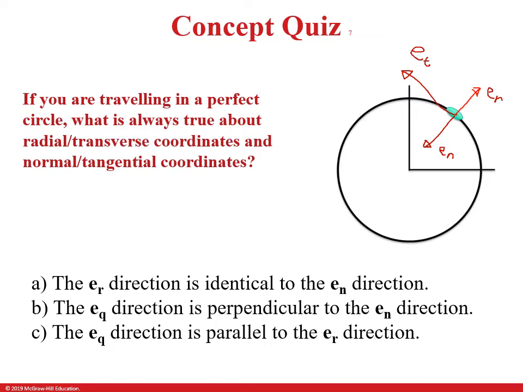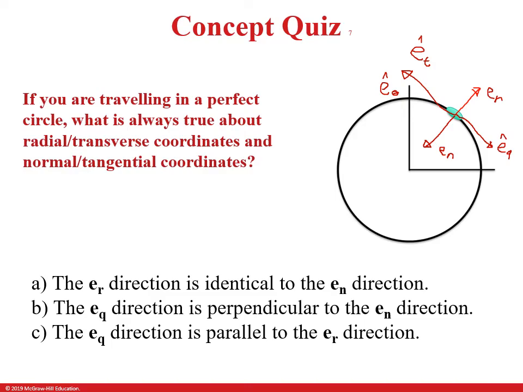And it would also be E sub theta. And if we remember, the E sub theta was perpendicular to E sub r. So I'm pretty sure the E sub theta is in this direction. Unfortunately, they went with E sub theta for being one of the answers here, but you don't really use E sub theta that much.